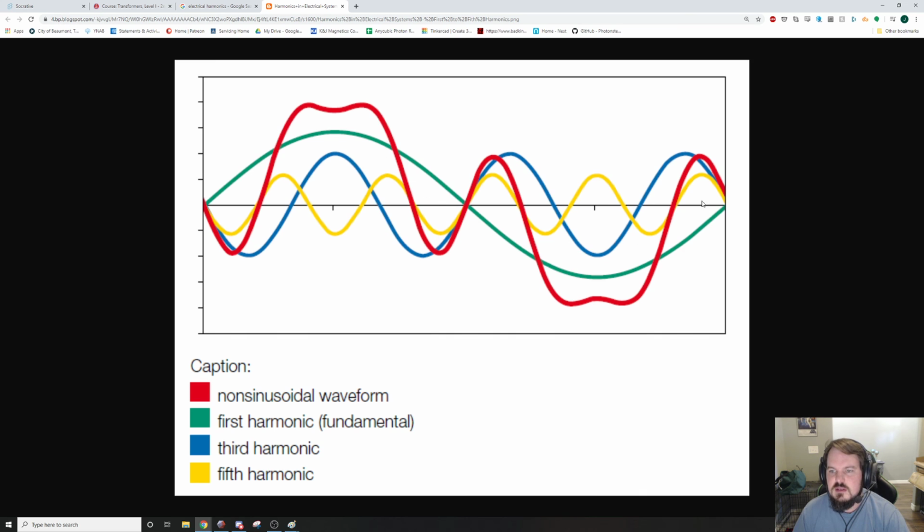All these others, the third and the fifth: the third has 3 times as much frequency and the fifth has 5 times as much frequency as the normal sine wave. And whenever you combine all this together, if you looked at it with an oscilloscope, you would get the red line, where it's trying to do its job, but it's all over the place.